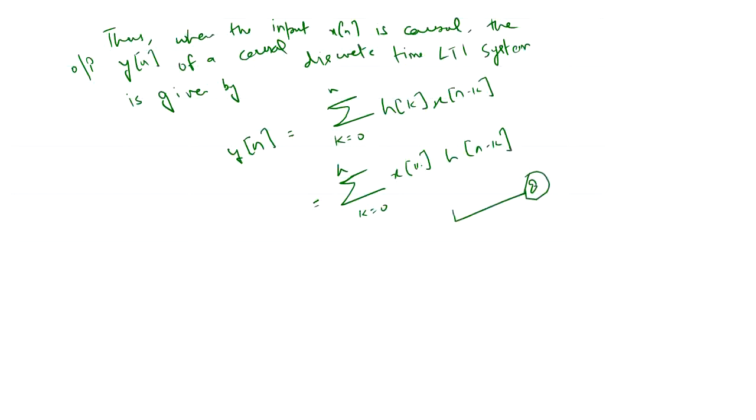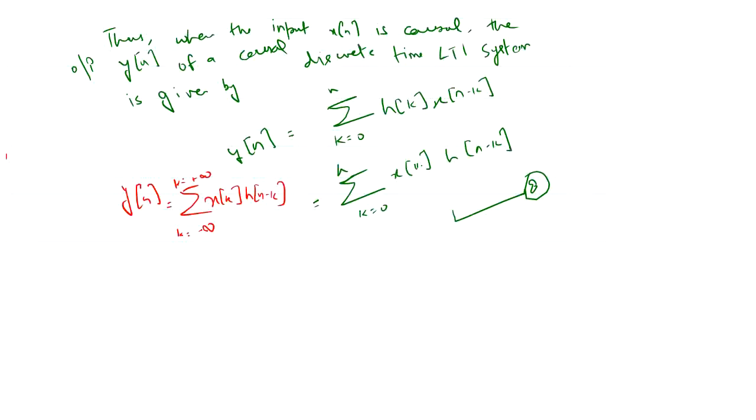So if x[n] is a causal signal, then, in the general condition, what is y[n]? y[n] is equal to summation k equals minus infinity to plus infinity of x[k] h[n minus k].